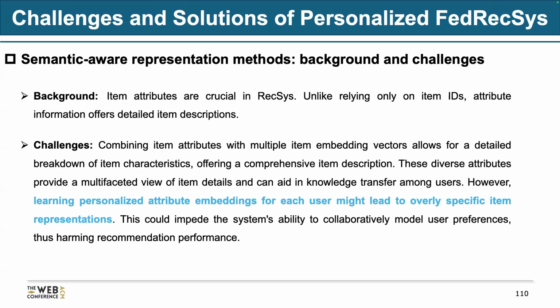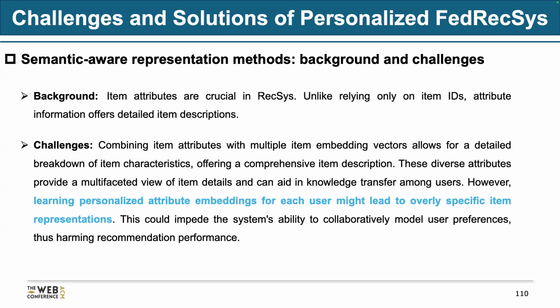For the challenge, combining item attributes with multiple item embedding vectors allows for a detailed breakdown of item characteristics, offering a comprehensive item description. These diverse attributes provide a multifaceted view of item details and can aid in knowledge transfer among users.